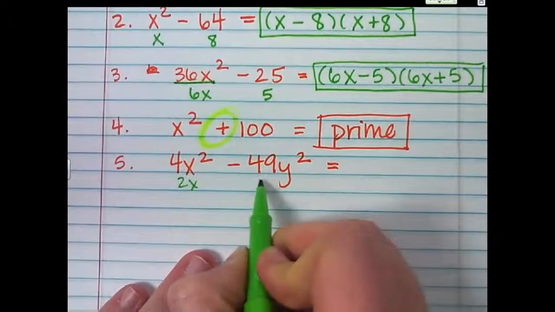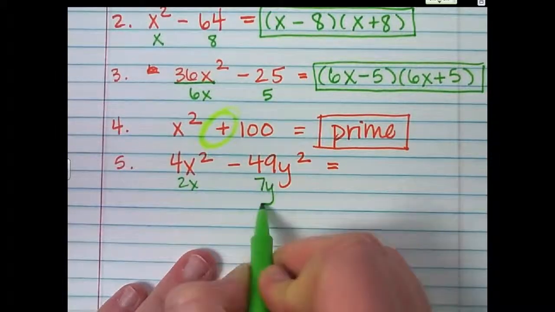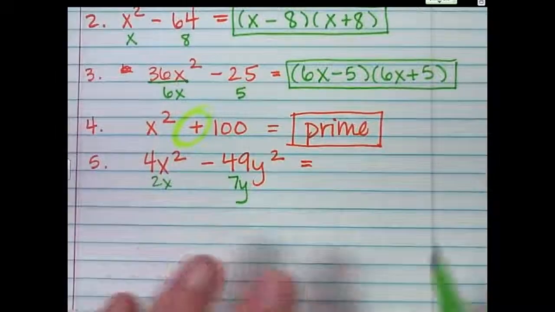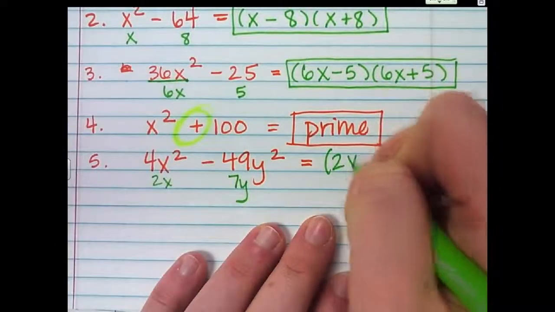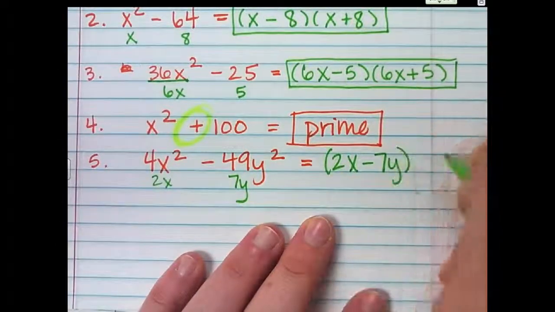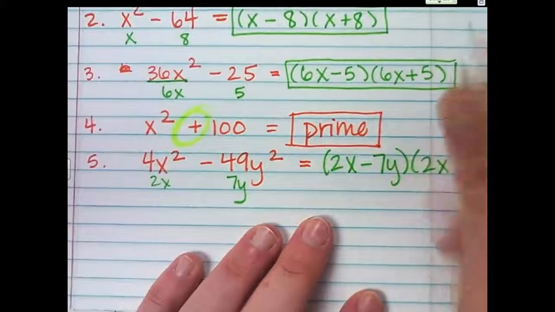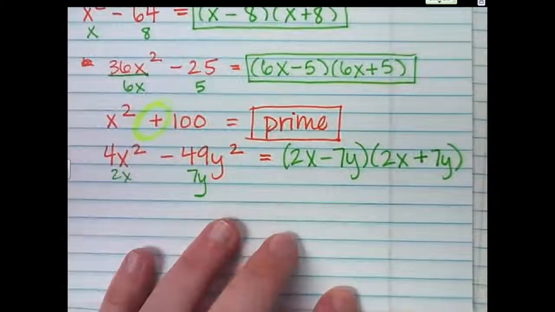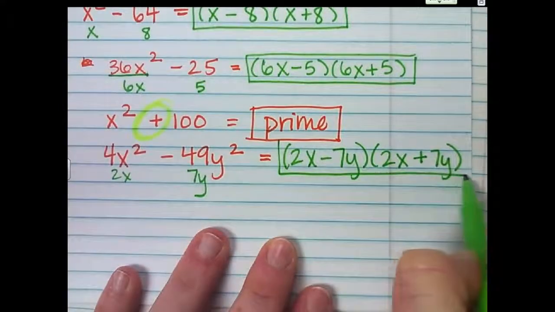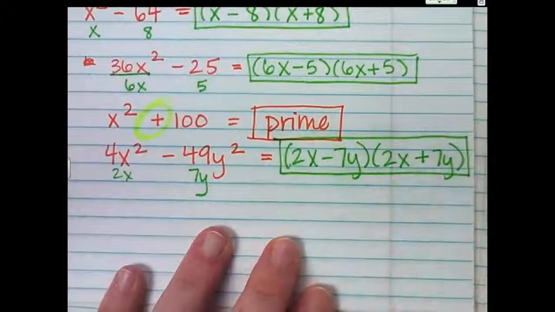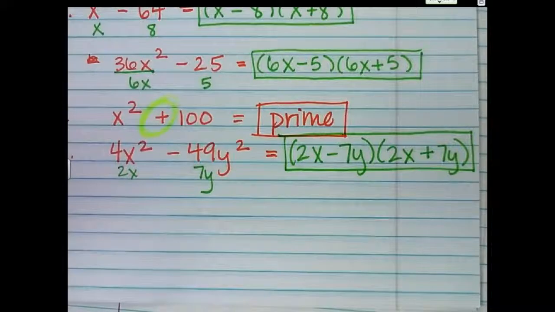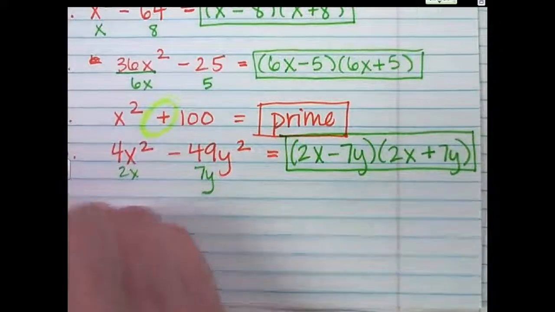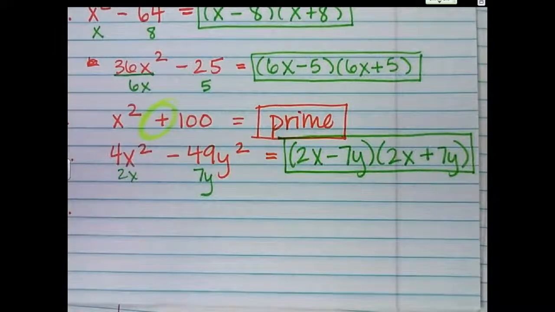And how about for this one? 7y. So 2x minus 7y. Or you can put plus first and then minus, it doesn't matter.